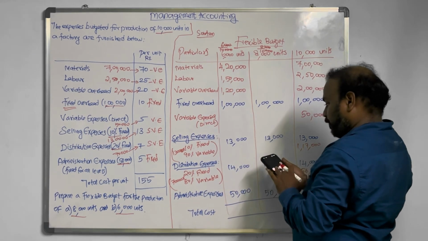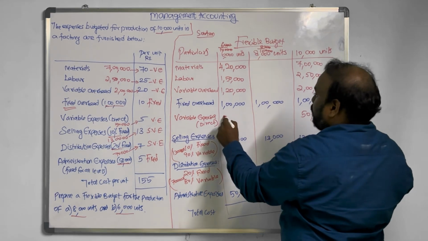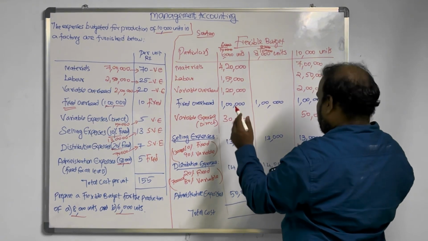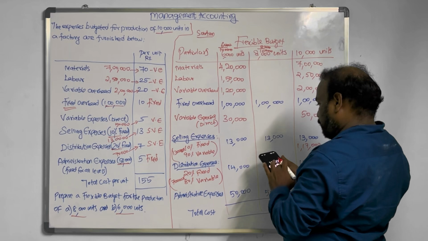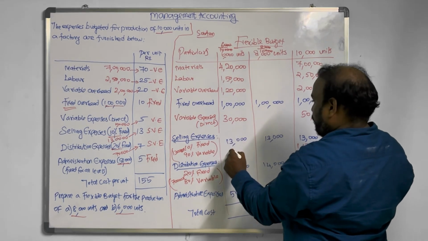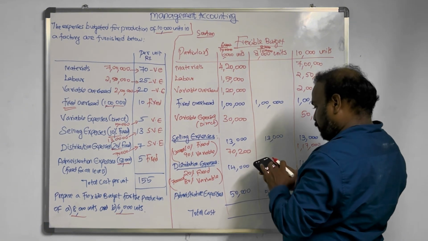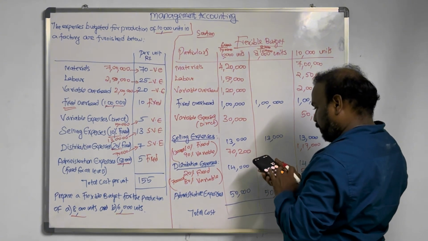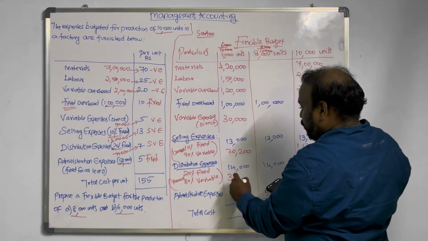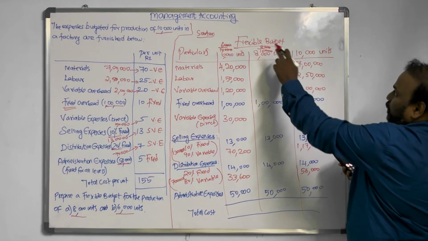Then 50,000 into 6 divided by 10, 30,000. Then 1,17,000 into 6 divided by 10, you will be getting 70,200. 56,000 into 6 divided by 10, we are getting 33,600. Next we go for 8,000 units.